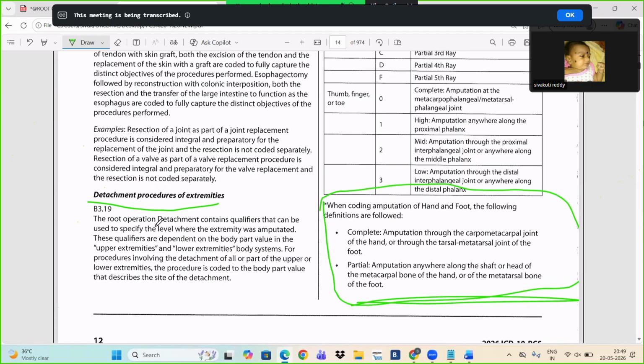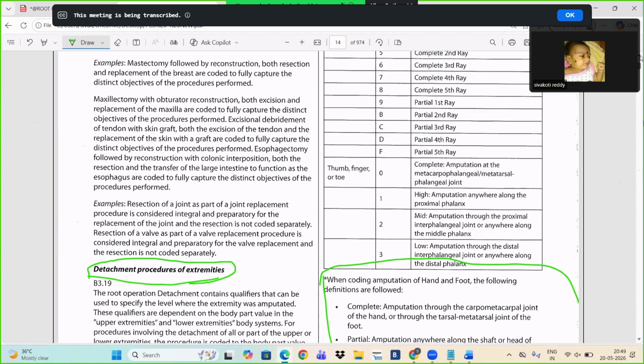One case study you will get in the exam related to detachment, okay? It is an important root operation. Read this table and read this matter. Then you will get an idea about detachment qualifiers.